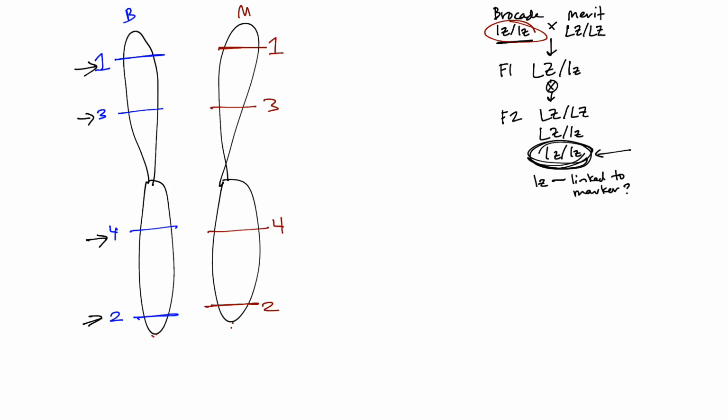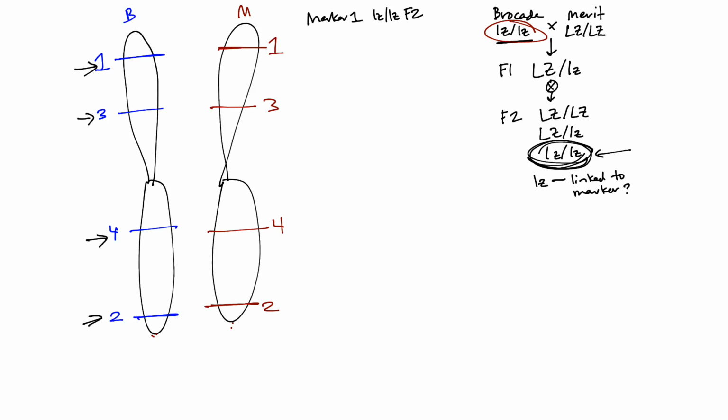So let's talk about the gel data that we have on our worksheet. First of all, we're considering marker 1. And remember, we're looking only at the LZ homozygous F2 plants.